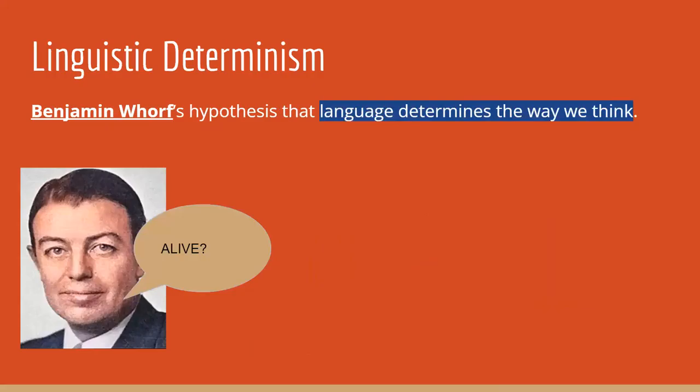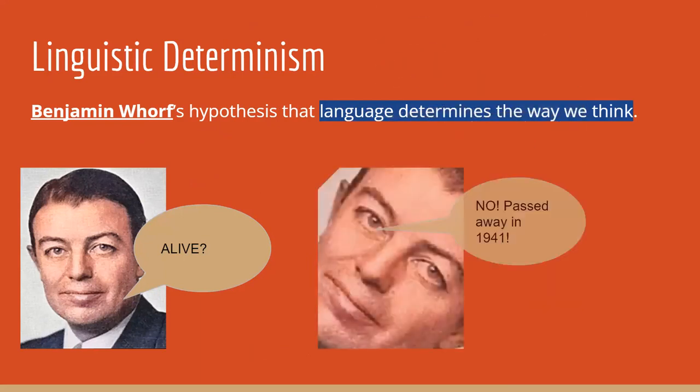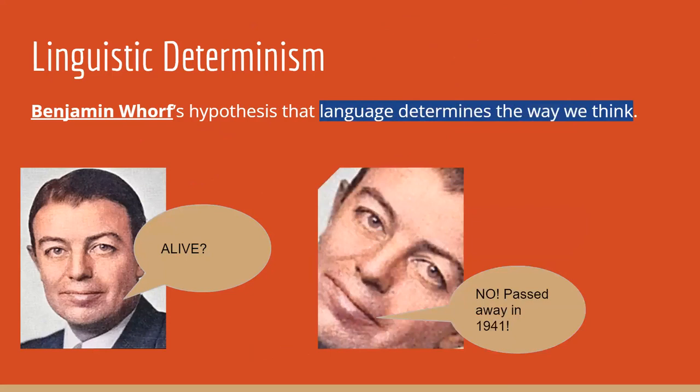All right, let's talk about Benjamin Whorf now. He thinks, so remember the other guy, universal grammar theory. What about this one? Linguistic determinism. This is a hypothesis that language determines the way we think. Alive? No, not this guy. He passed away in 1941.